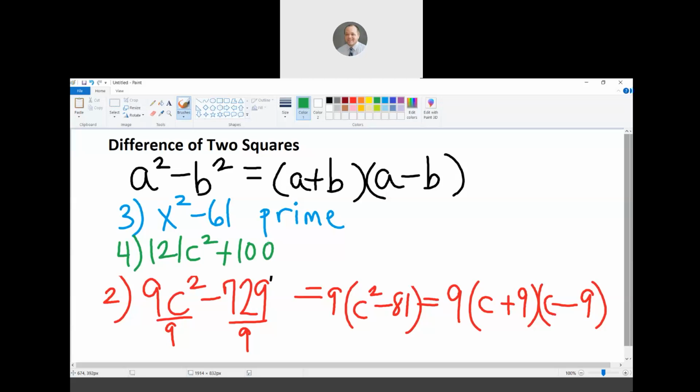True enough, we have perfect square roots, 121 and 100. And yes, we have a binomial, but we do not have a difference. There is no such thing as sum of two squares. In conclusion, number 4 cannot be factored either.